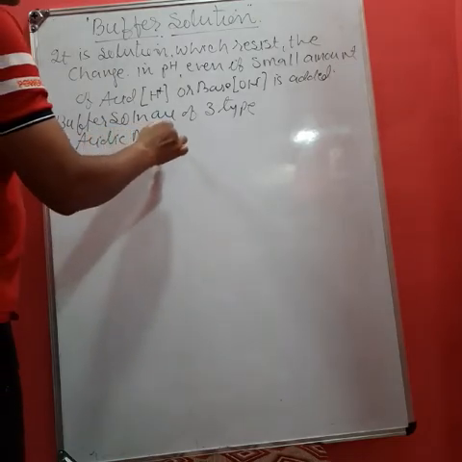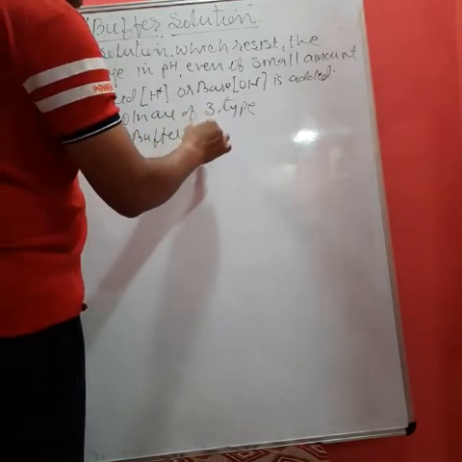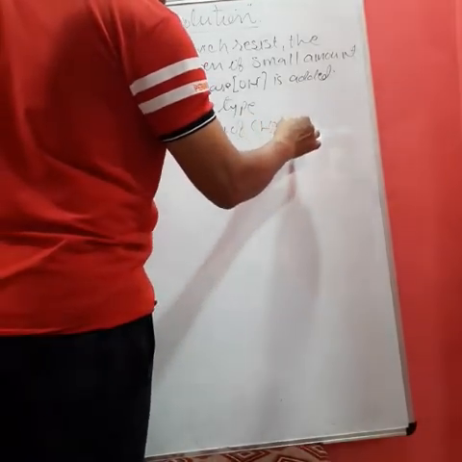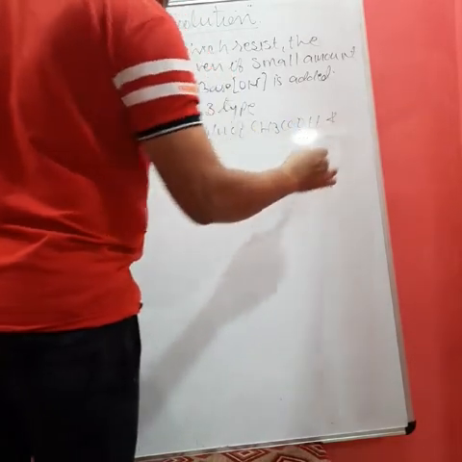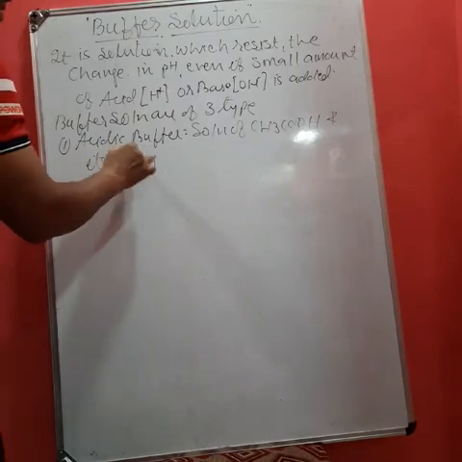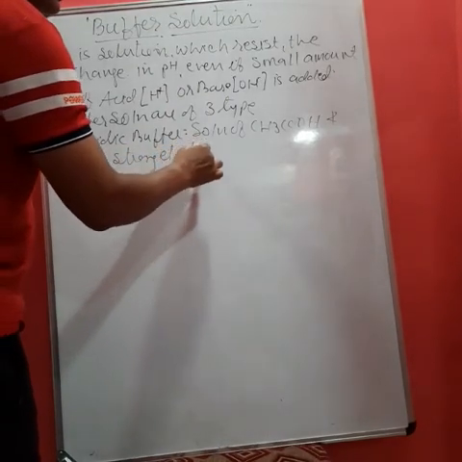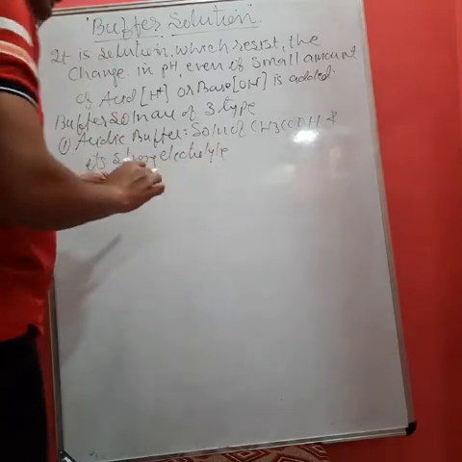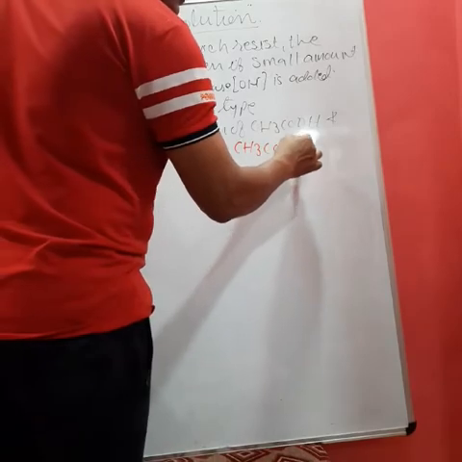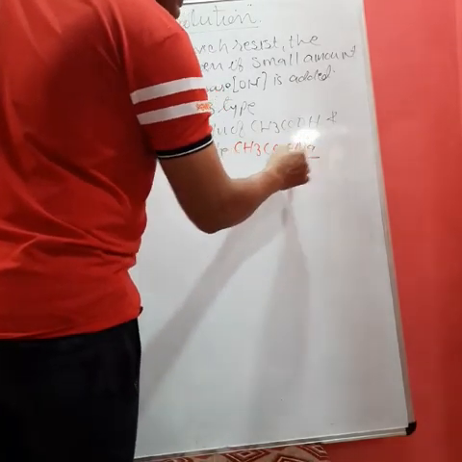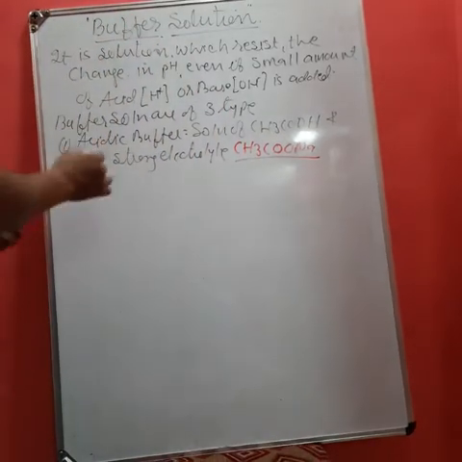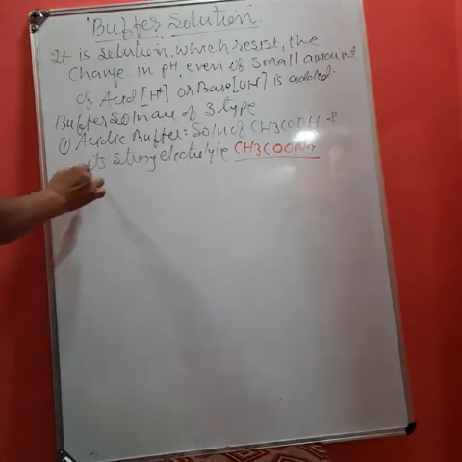Acidic buffer is a solution of acetic acid, CH3COOH, and its strong electrolyte, that is, acetate, CH3COONa. Now, how does the buffer action take place?